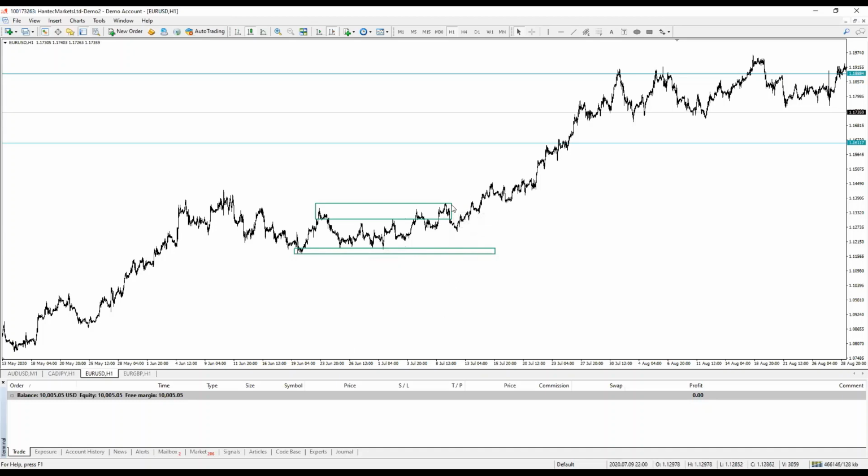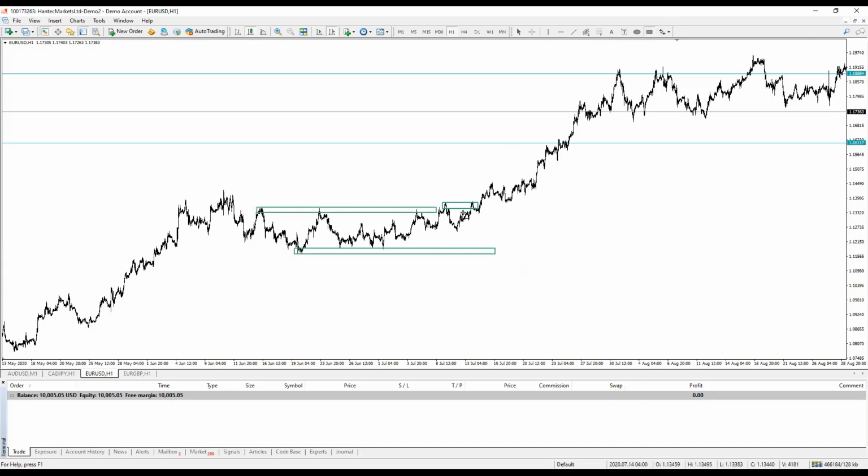But you can see that supply and demand really works and is respected. Here's a nice supply with a good reaction right here, and another reaction here. Here's another supply, and now the market starts shifting up, and yet it's responding.